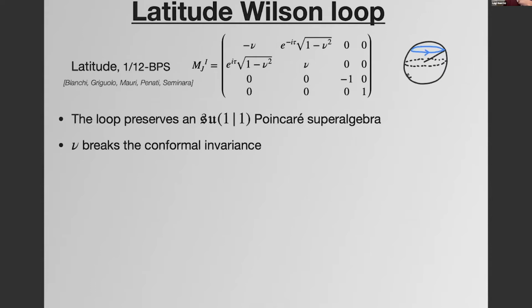It can live on an arbitrary circle of this same sphere. And the coupling is characterized by a deformation parameter nu, and it also depends on tau, which is the coordinate along this circle. As I said, the loop preserves a smaller algebra, which is this SU(1|1), which is Poincaré, because nu breaks the conformal invariance.